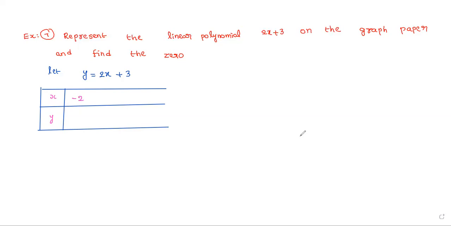Substitute the negative value minus 2: y equal to 2 into minus 2 plus 3, minus 4 plus 3, that is the value minus 1. Minus 2 comma minus 1 is the point formed. Next, substitute minus 1: 2 into minus 1 plus 3, minus 2 plus 3, that is the value 1.